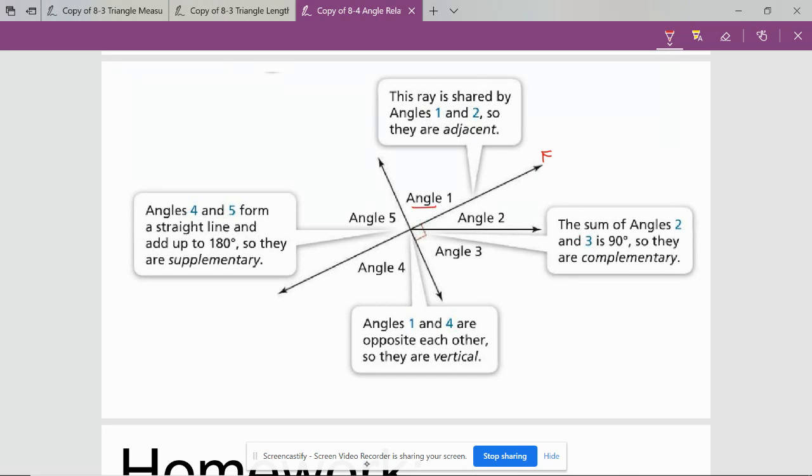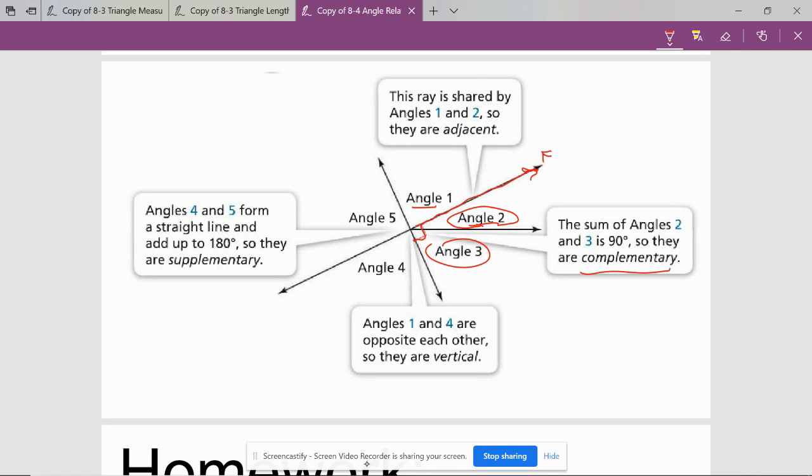Okay, angle 1 and 2, they share this ray right there, right? Okay, so if we look at the sum of angles 2 and 3, okay, because we have this little thing there, they're going to add up to 90, so that makes them complementary. Remember, complementary angles add up to 90.